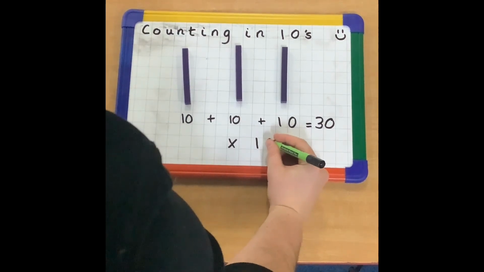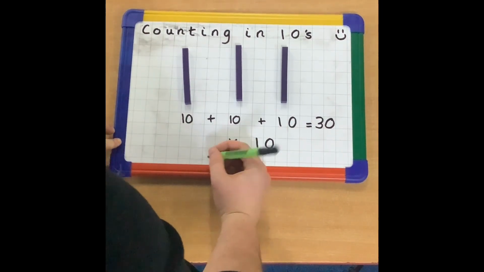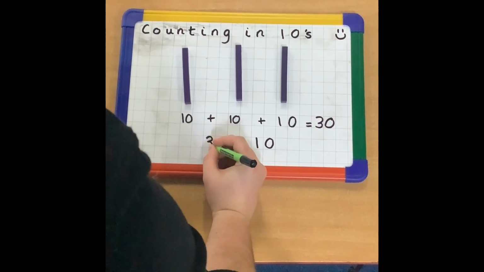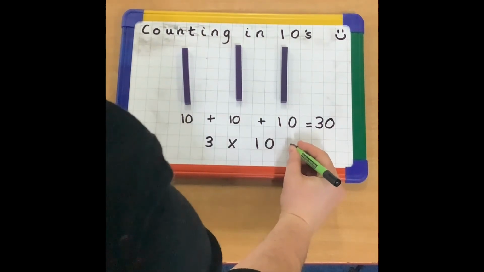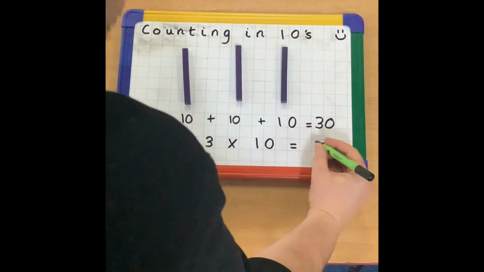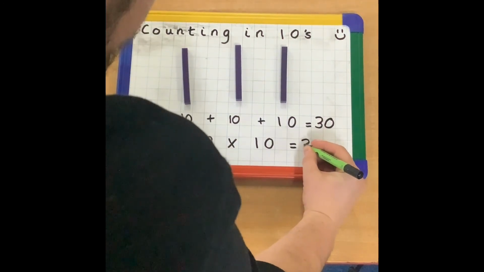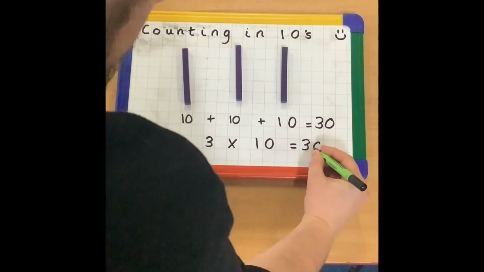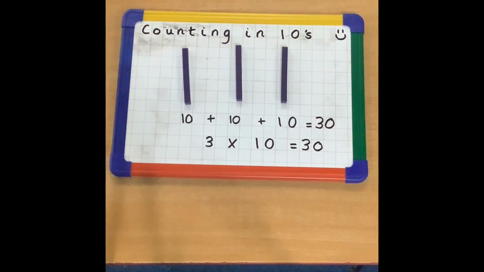We need this number here 3 times to give us the answer because we have 3 lots of 10. So 3 times 10 should give us the same answer as 10 plus 10 plus 10. We've just used it and written it as a multiplication problem.